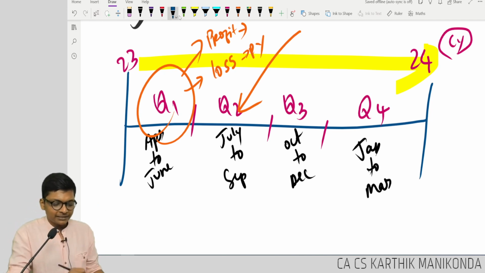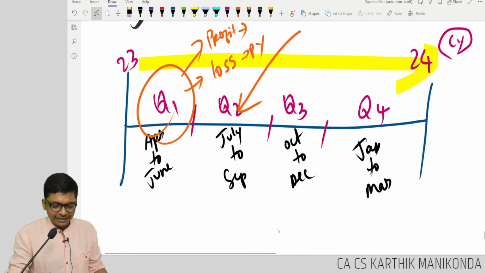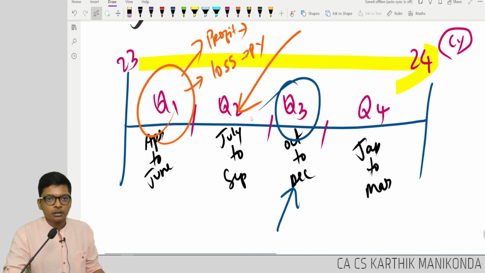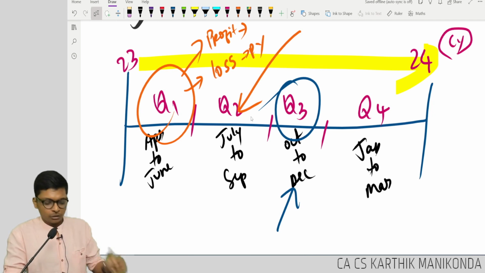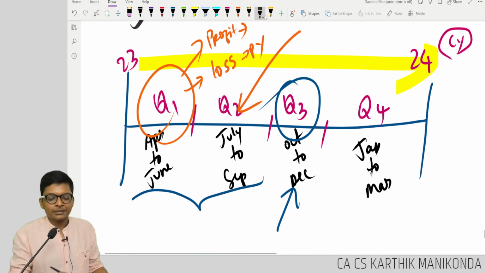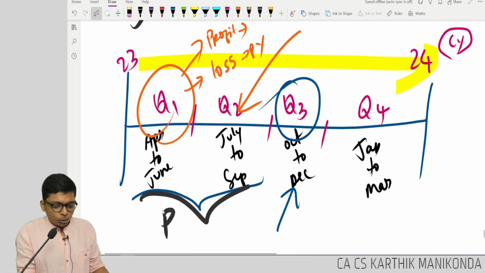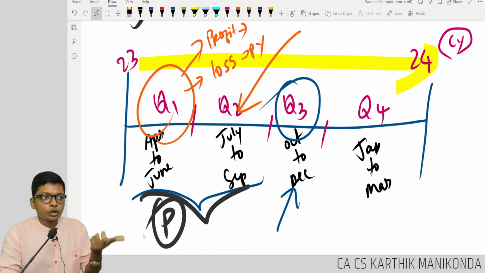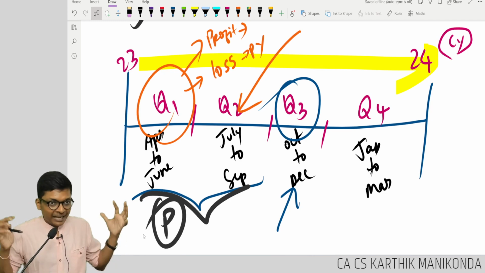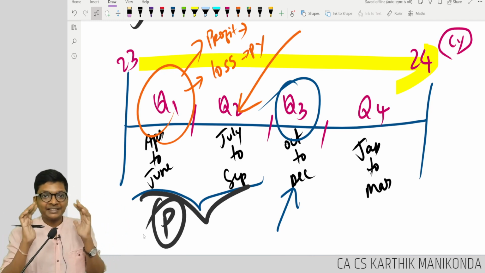Now you tell me, guys. If I am declaring dividend in Q3, I should check what? Q1 plus Q2. Think logically. If Q1 plus Q2 is profit, how much will I declare? Any amount. See, Q1 can be loss, Q2 can be profit, but I am seeing only the net total.